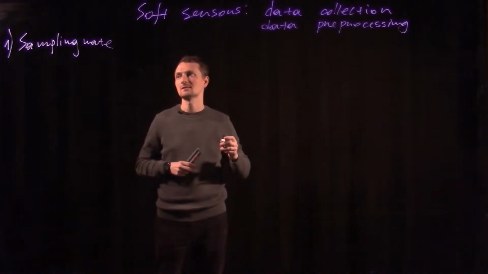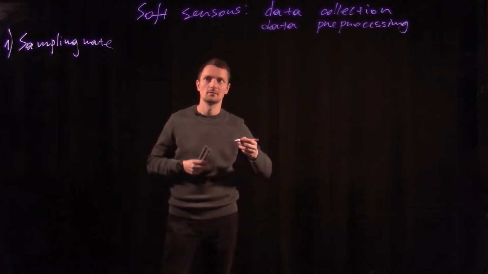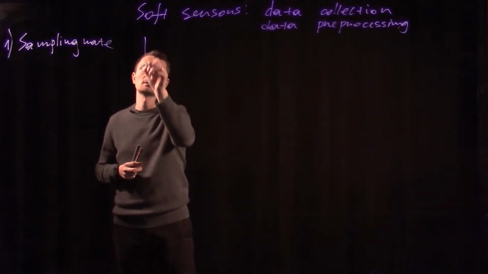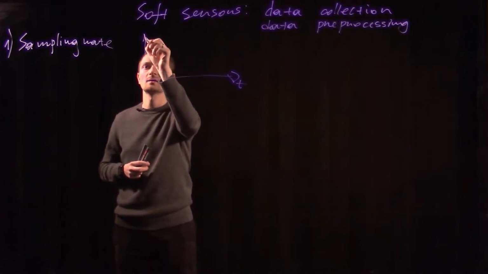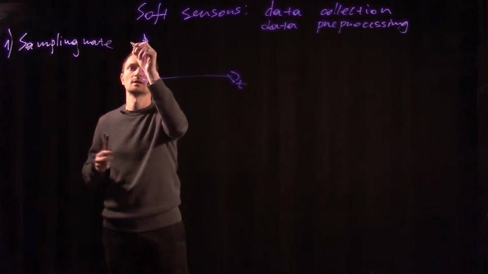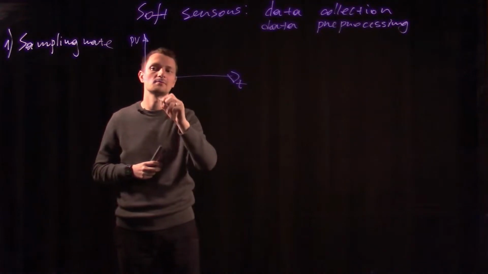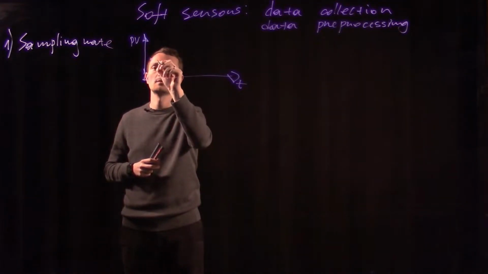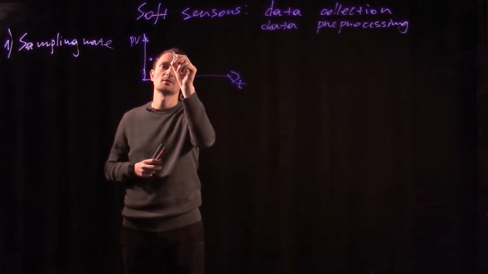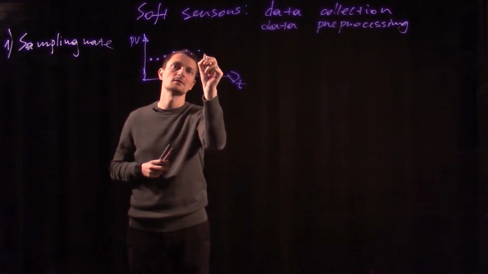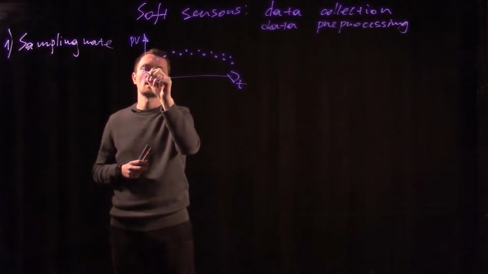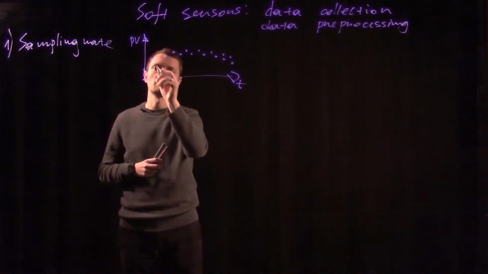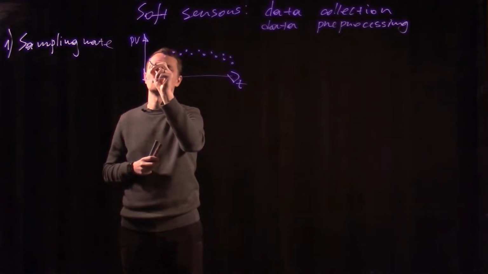In this case, if we consider a timeline, and here we have our process variables, process values, we can measure the temperature because it's completely automated. You can measure temperature very precisely, up to, for example, every millisecond.